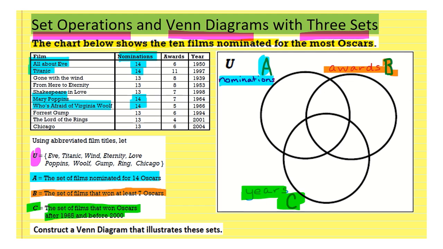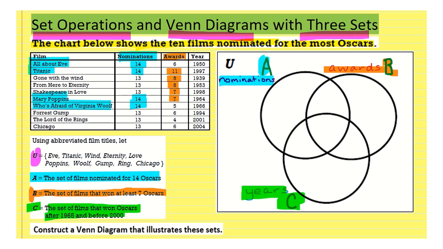Okay, let's look at set B. That would be the set of films that won at least 7 Oscars. So awards, set B, at least 7: 11, 8, 8, 7, 7, and those are the only ones that are at least 7 Oscars.